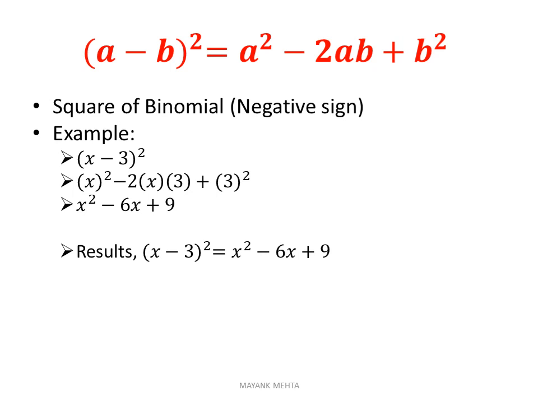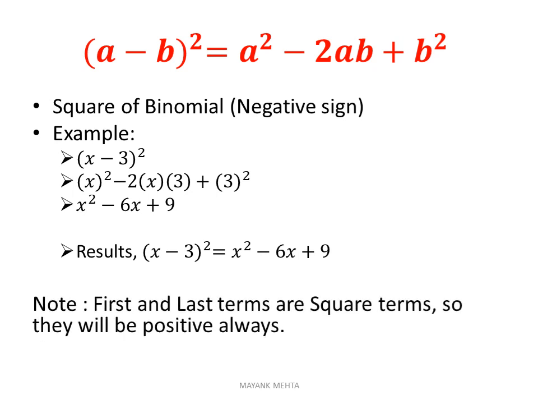So it will be −2ab, that is minus 2 into x into 3, plus 3². If you expand it, it will become x² − 6x + 9. Again the same note: the first and last terms are square terms, so they will always be positive.